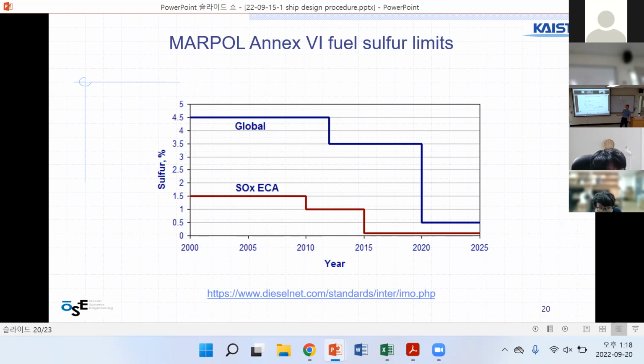So how many times? 200 times? So this is sulfur, and this is global, with other items. MARPOL is very strong now, so every ship should be retrofitted. They change their engines and their fuels to meet this kind of very strong regulation.